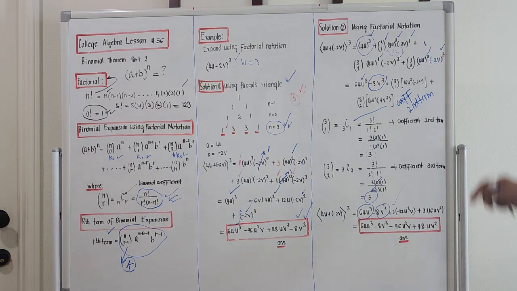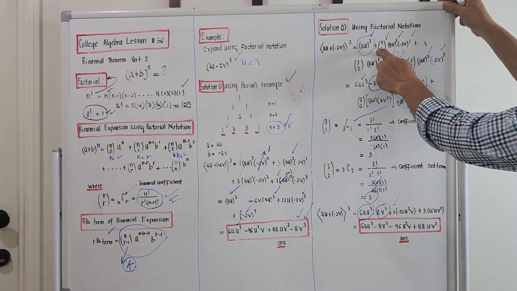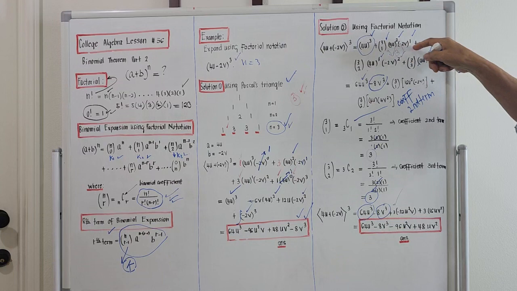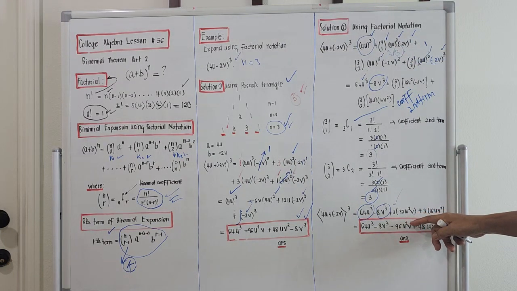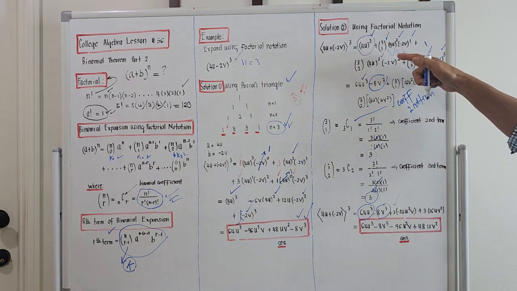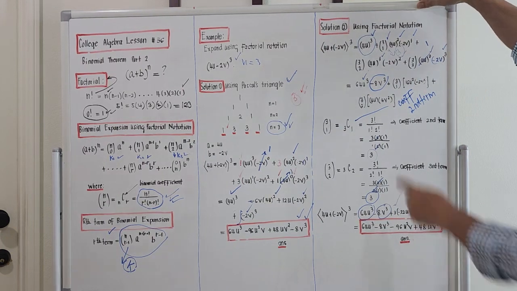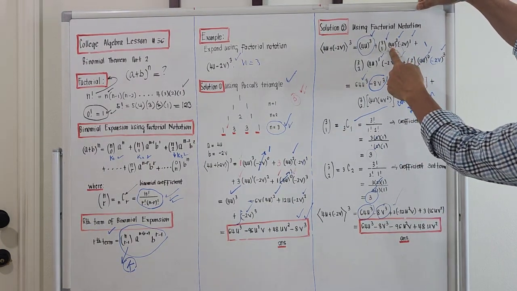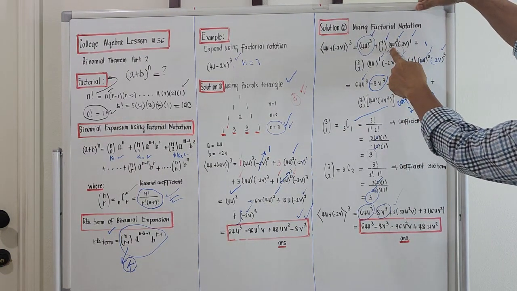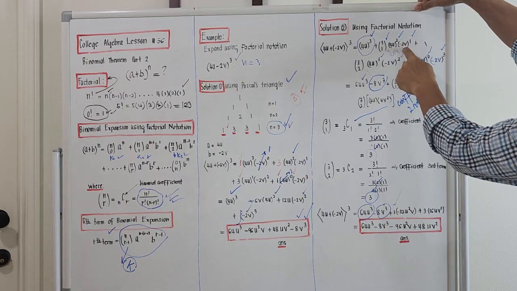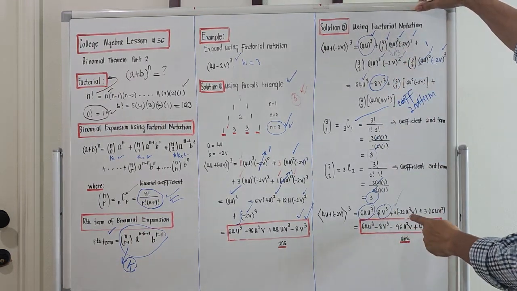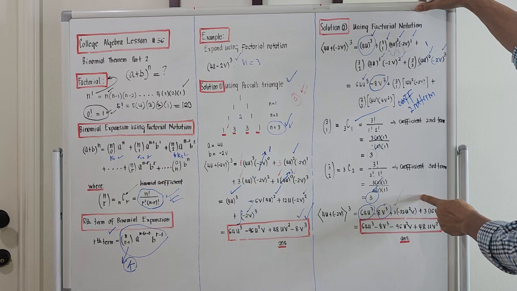The second term will be 3 multiplied by the simplification of this, which is negative 32u squared v. Why negative? 4 squared is 16 times negative 2, that will be negative 32. So this should be negative 32u squared v.